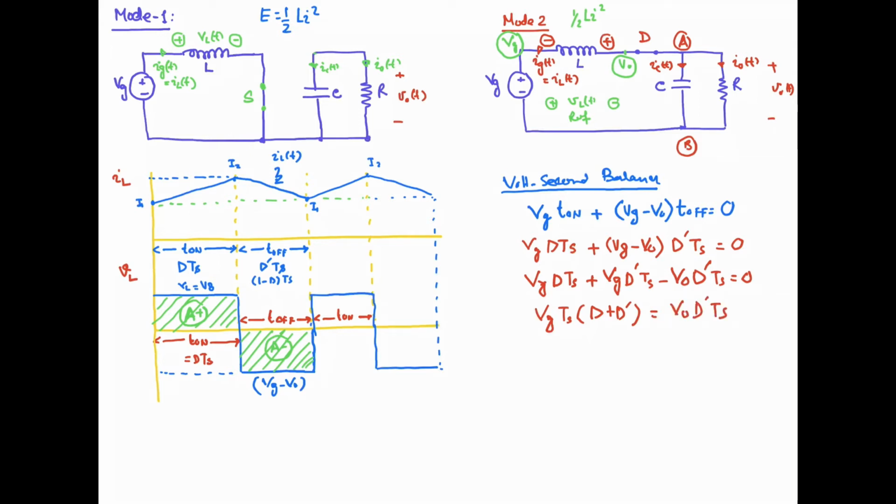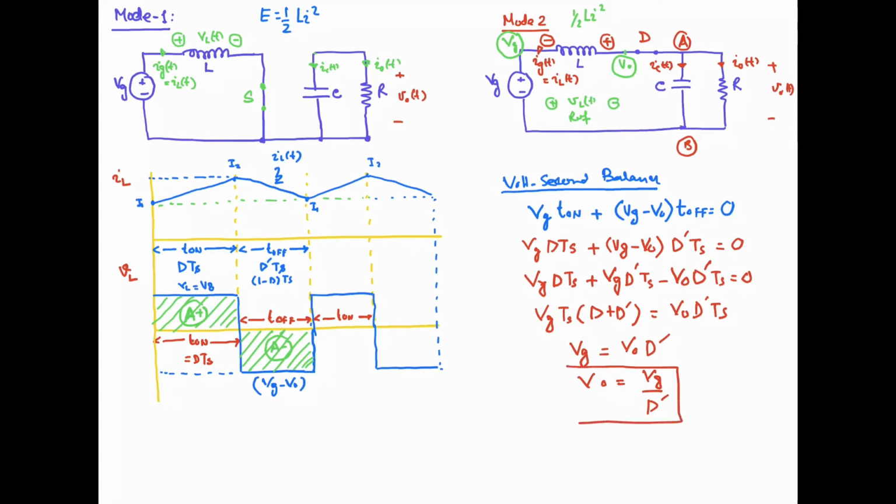Dividing both sides by Ts, Ts will be cancelled out, and D plus D prime is 1. So Vg will be equal to V naught into D prime, and from here I can say that V naught will be equal to Vg divided by D prime.